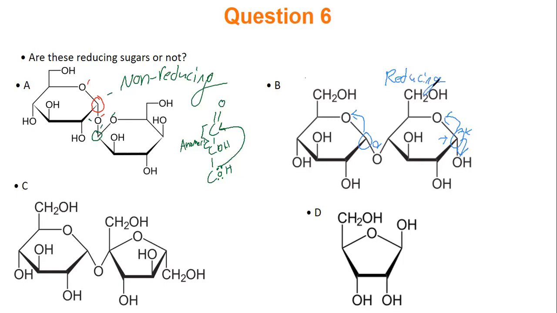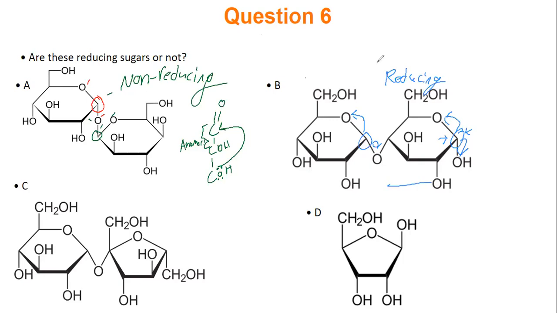And the reason they call it reducing or non-reducing is that if you add a special reagent, the reducing sugars will reduce that agent, non-reducing sugars won't. So that's how it gets its name. O-linked glycosidic bonds include an oxygen. If you're N-linked, you have a nitrogen, like we saw in the DNA.